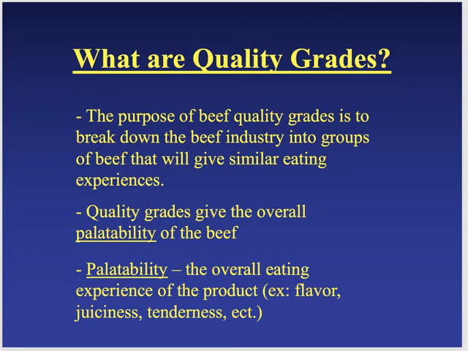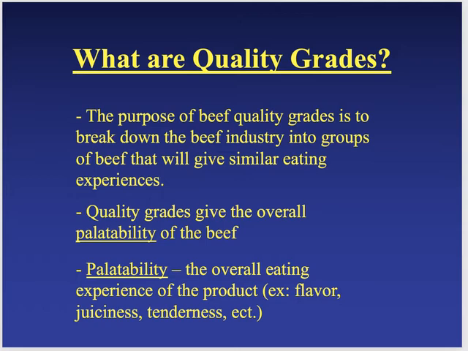The purpose of quality grade is to break the beef industry down into groups of beef that will give similar eating experiences. As we grade these carcasses, we now have a way to sort them according to their grade. So we can now segment each carcass into similar eating qualities. And that's where I want to get to with palatability.